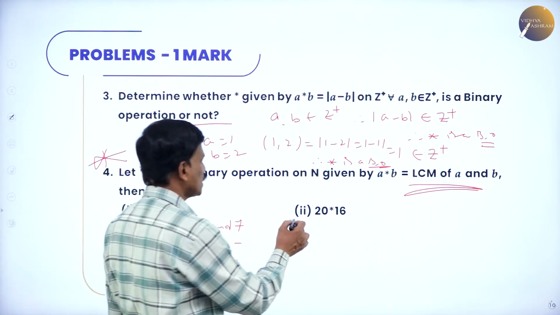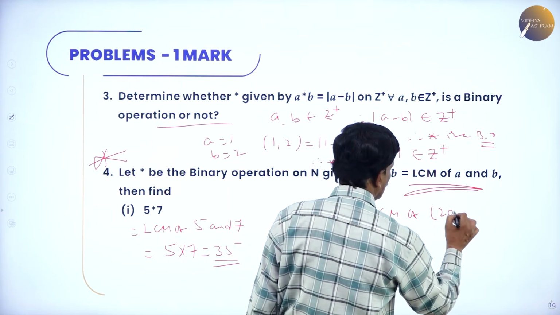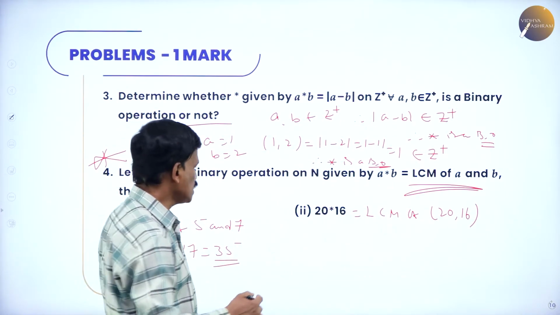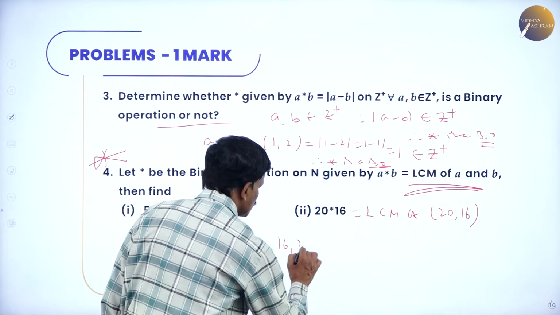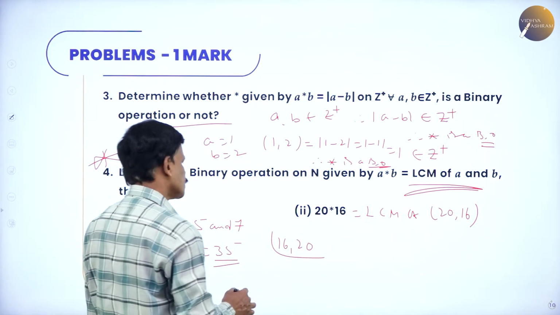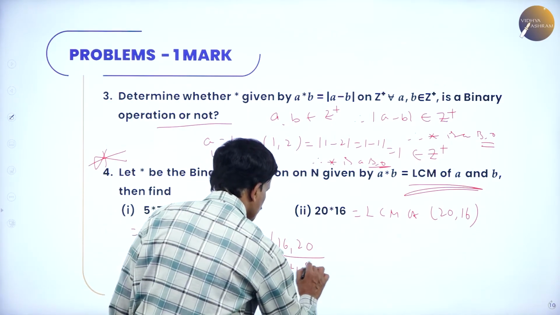Let us come to the second problem. This is nothing but the LCM of 20 and 16. How do you take the LCM of 16 and 20? You can write 4; 4 4s are 16, 4 5s are 20.